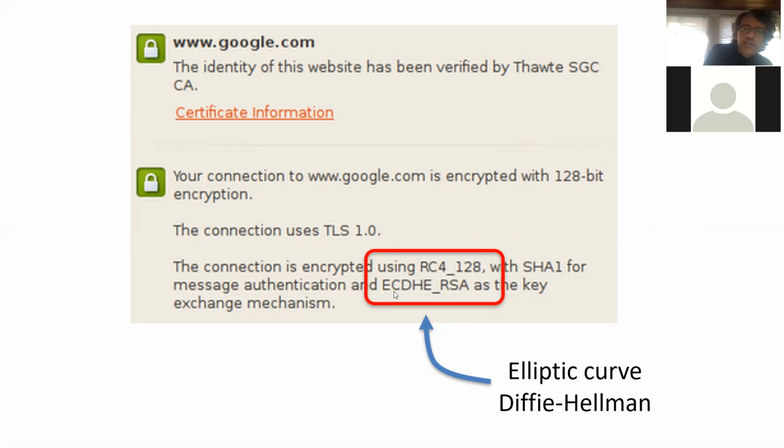And this refers to the key agreement, which used elliptic curve Diffie-Hellman, and that was the key agreement, but it was authenticated by RSA signatures, which we'll look at later. For now, key agreement for us is not authenticated.